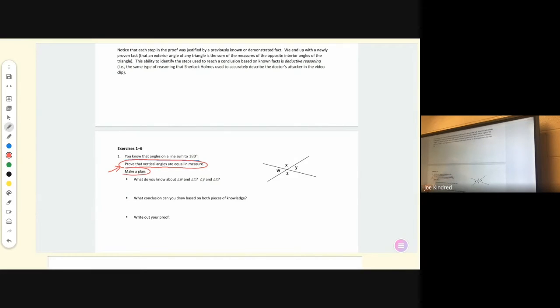So we're trying to prove vertical angles. So let's make a plan. What do you know about W and X? And then what also do you know about Y and X? Well, I know that W and X form a line, so they're supplementary. And then we also know that Y and X are the same thing.